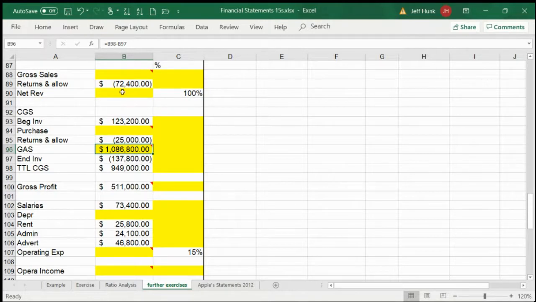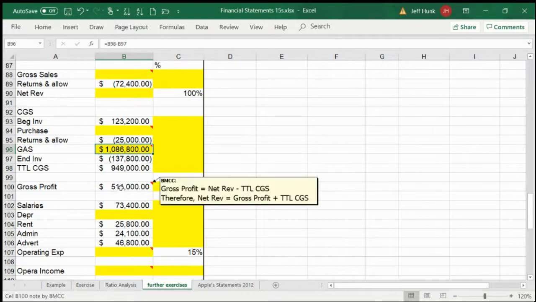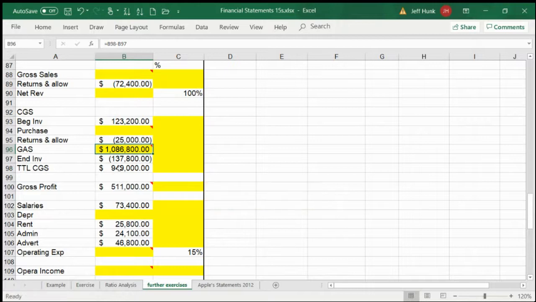So then what is net revenue? Isn't net revenue the gross profit plus CGS, right? Why? Because from net revenue, if you subtract CGS, then you get gross profit.